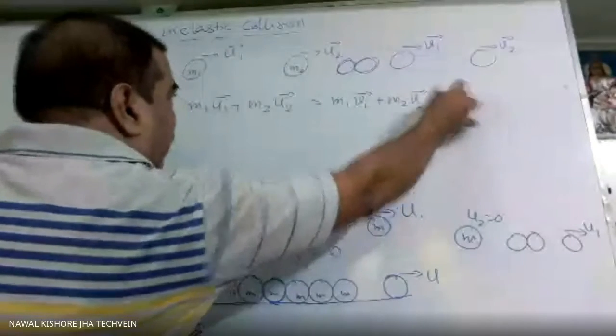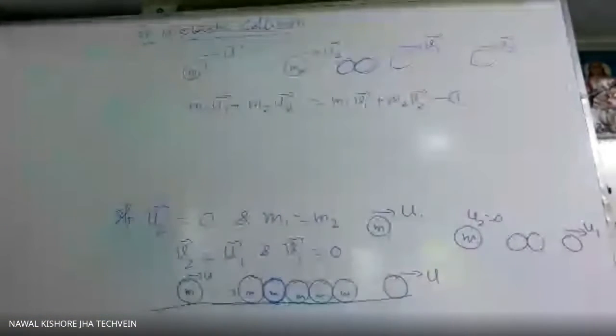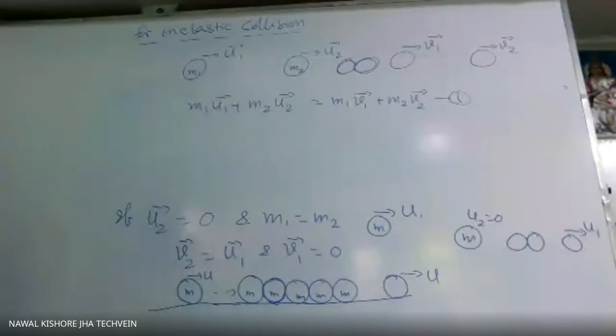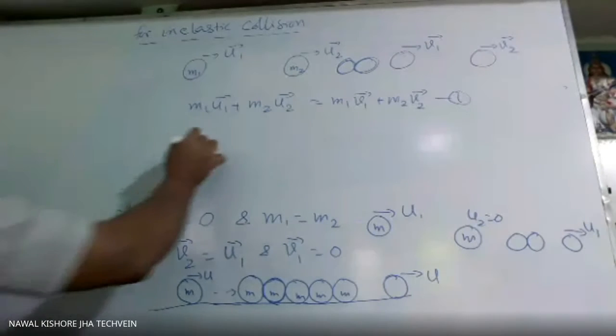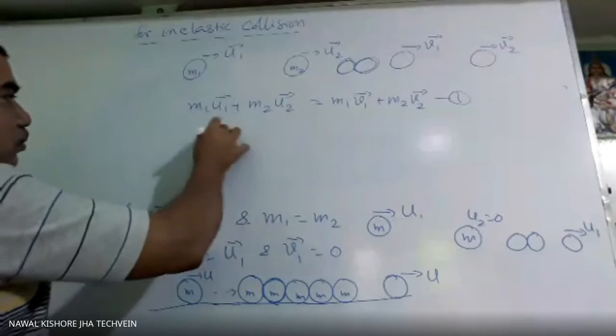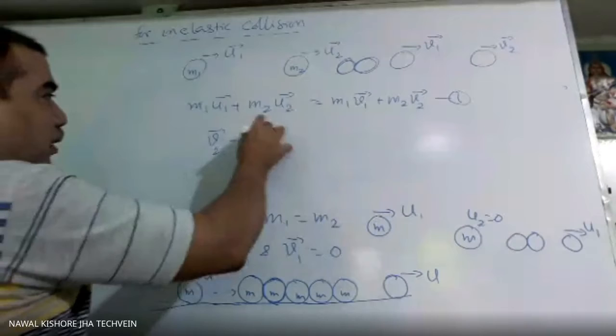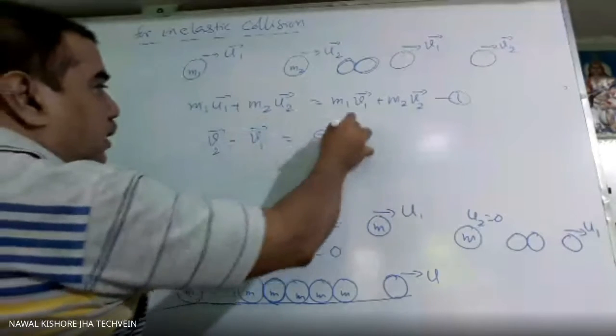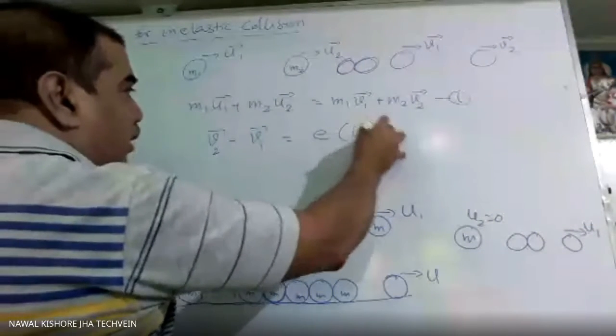That will be the one relation. And the second relation you will use: v2 minus v1 is e times u1 minus u2.